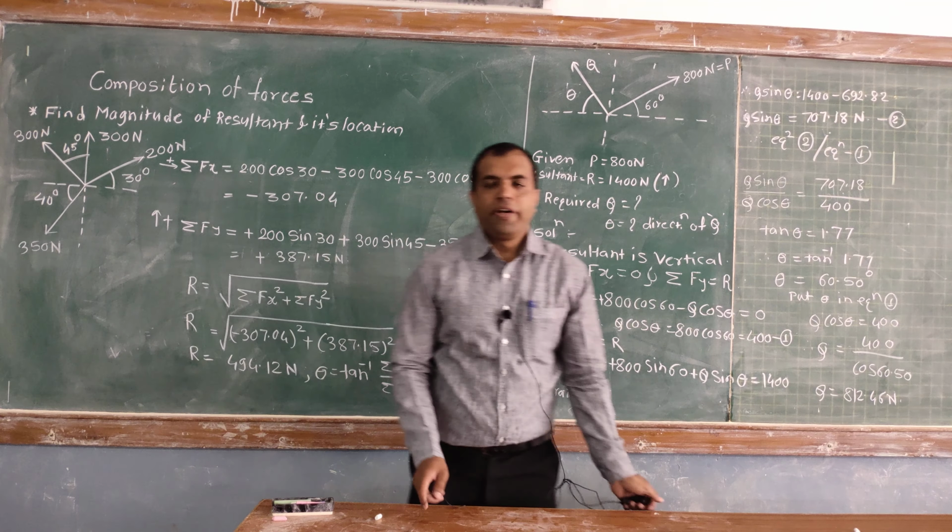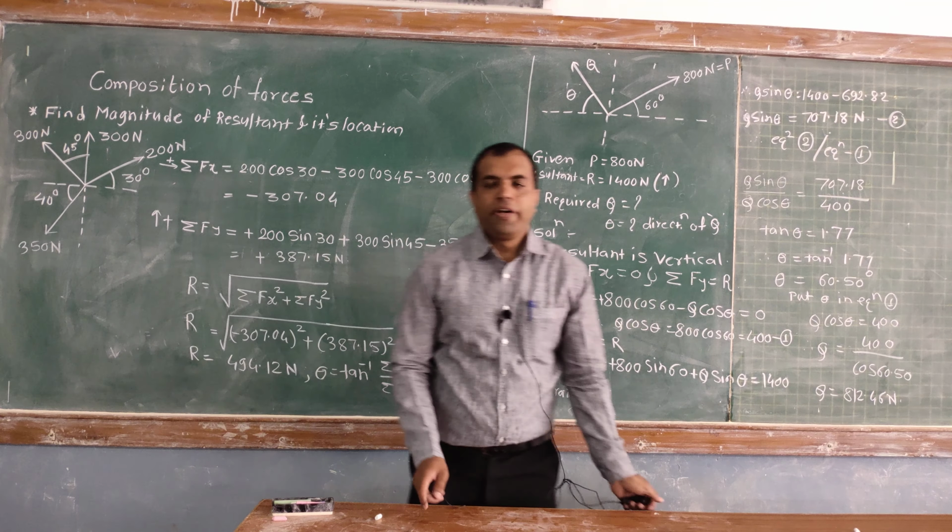Then the third force, 300 Newton, makes an angle of 45 degrees with respect to the vertical. It is better to first find the angle made by the force with respect to the horizontal. This angle is 90 minus 45, which is again 45 degrees.